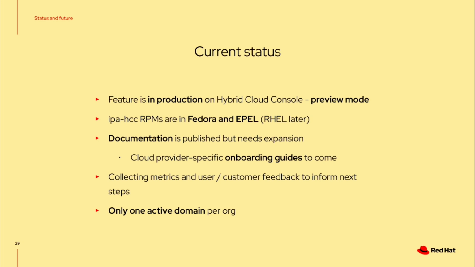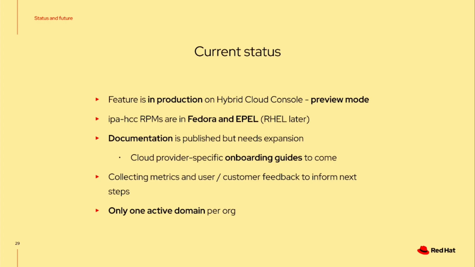During the next few months, since we only put this into production late last year, we will spend a while collecting metrics and customer feedback in order to inform the next steps we should take with the development of this experience.